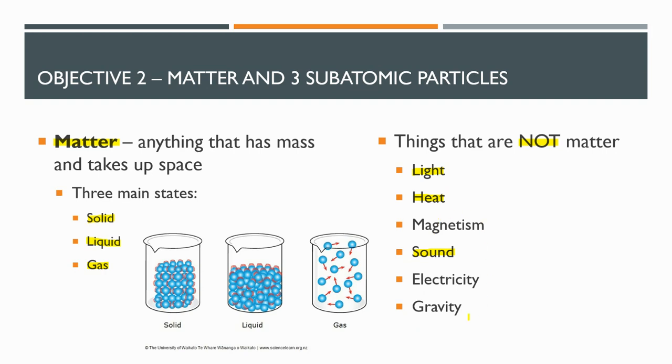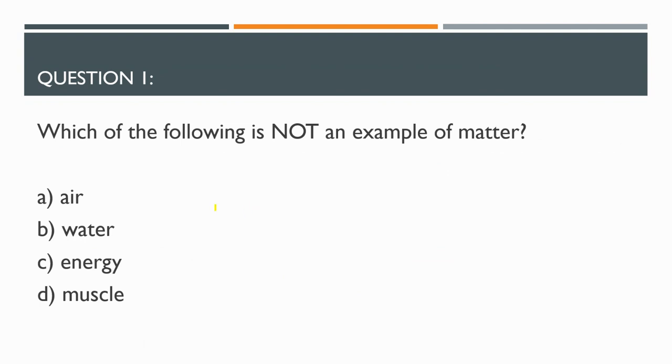The rest of these things are forces like magnetism and gravity. Pretty much matter is anything that takes up space. Out of these four, air contains gases, water is a liquid, muscle would be a solid, so energy is not an example of matter.